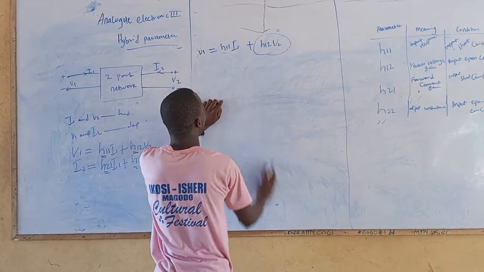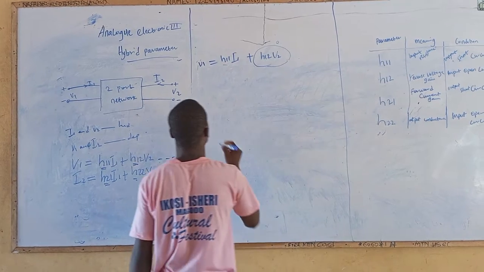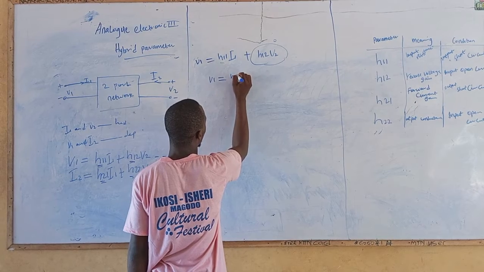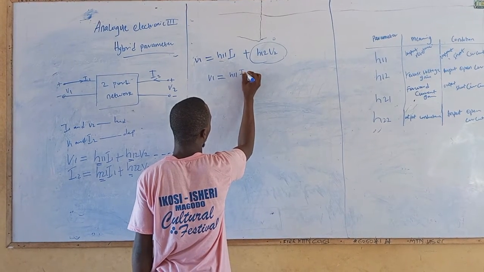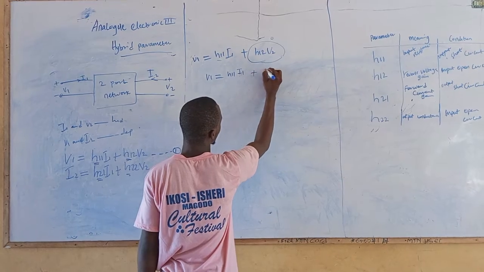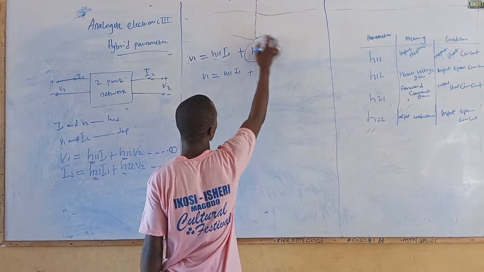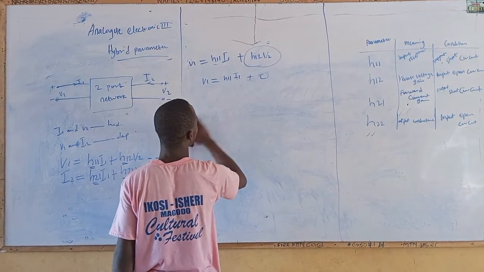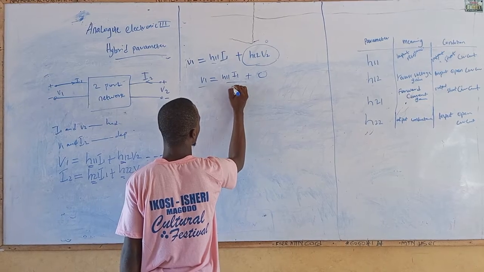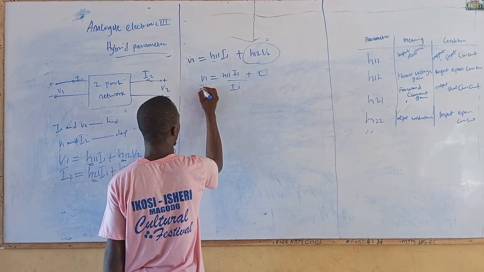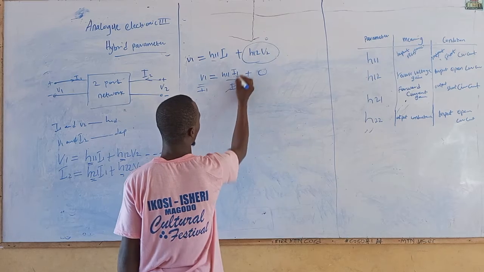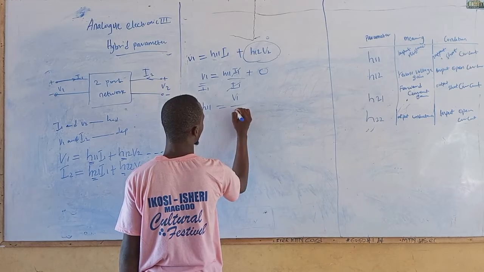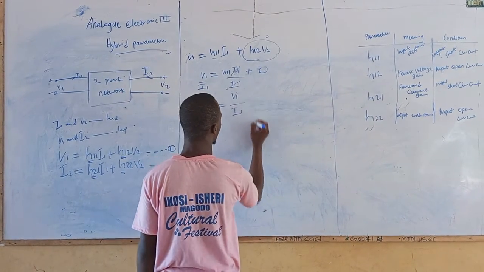So we want to make our H11 the subject of formula. In this aspect, we have V1 equal to H11 I1 plus H12 V2. We are told that everything here we want is 0. Since we want to make H11 the subject of formula, we divide by I1. So H11 equals V1 over I1.